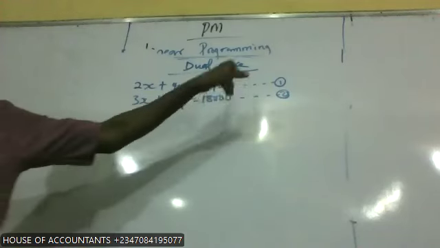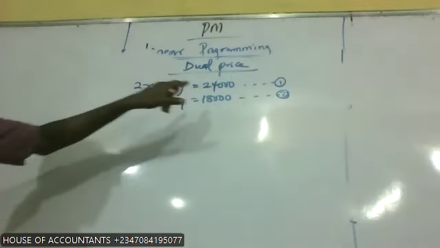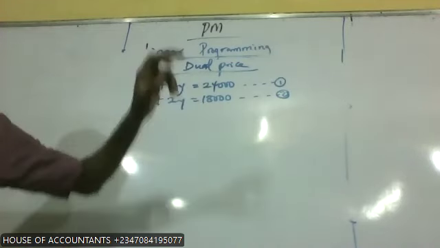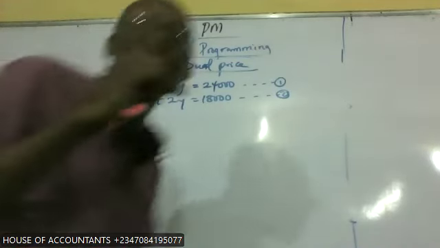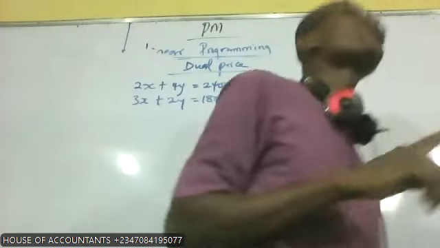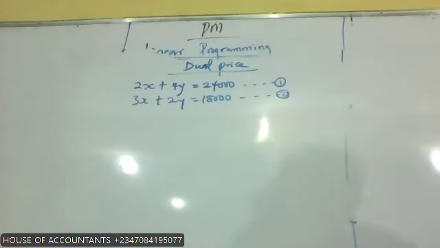If the constraint that they cannot go beyond 24,000 hours is increased by 1, we are giving you 1 extra hour to produce. What will be the effects on the contribution?